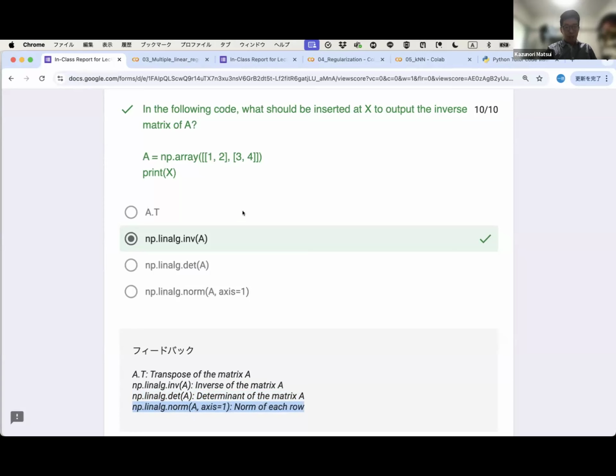So to output the inverse matrix, we need to use np dot linalg dot inv A.